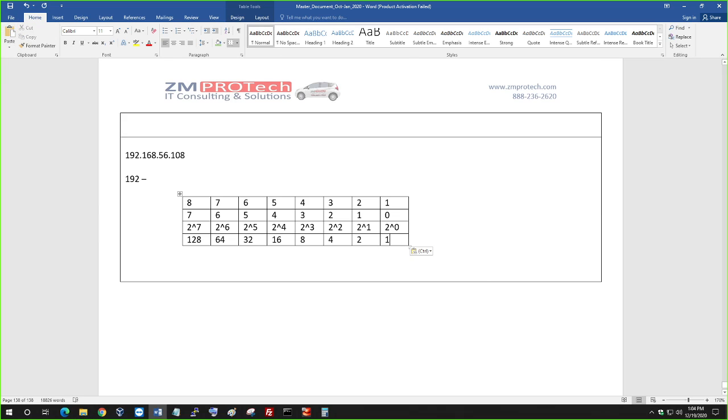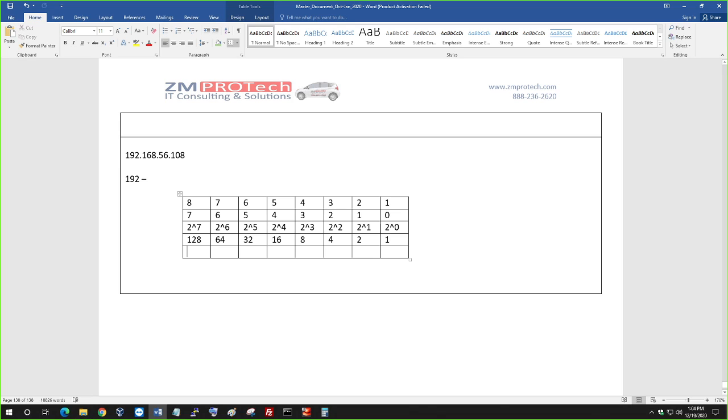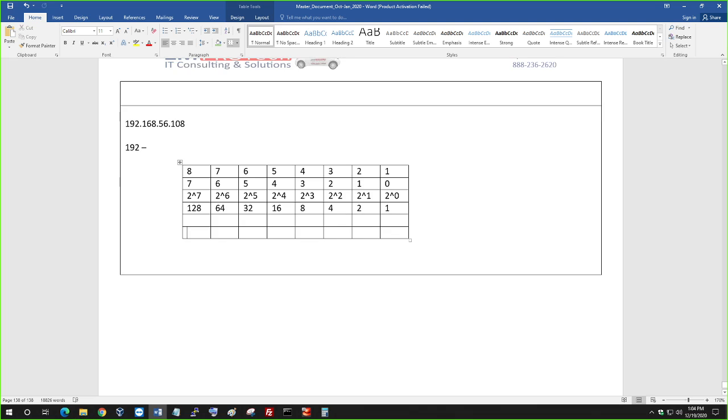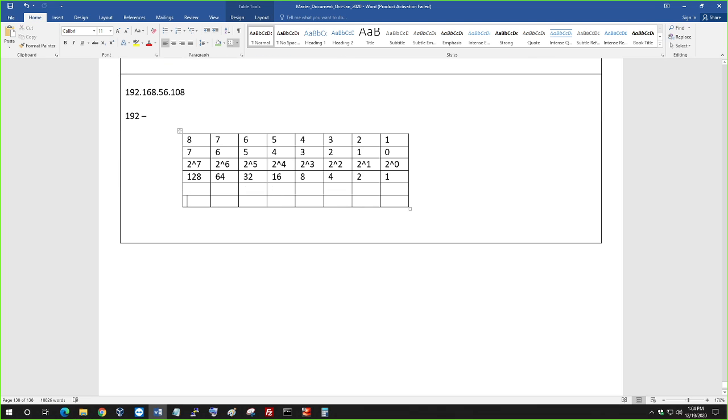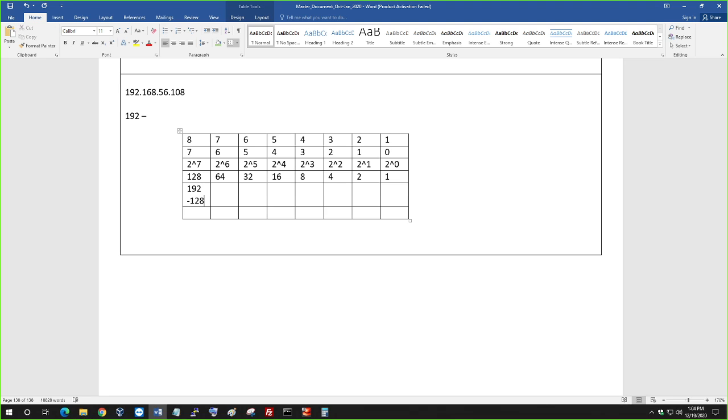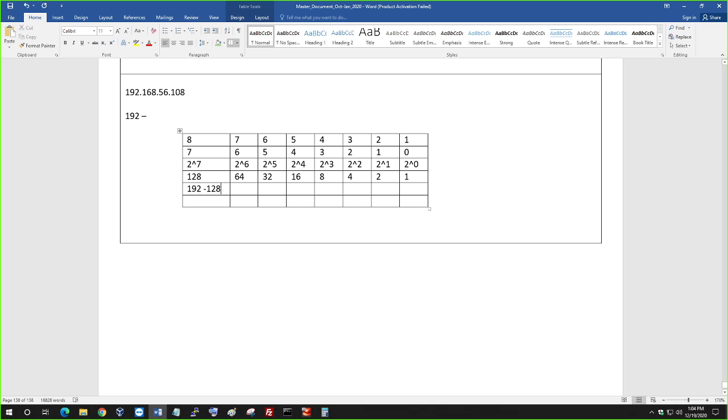Okay. So now this is going to be our formula here. We'll take 192. I'm going to see: out of 192, can I subtract 128? I'm doing the subtraction, 192 minus 128.